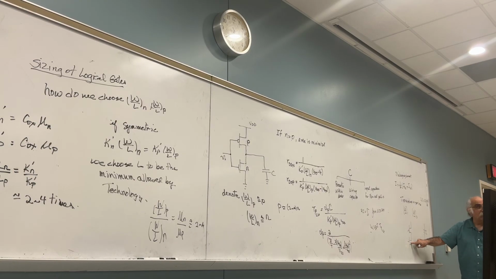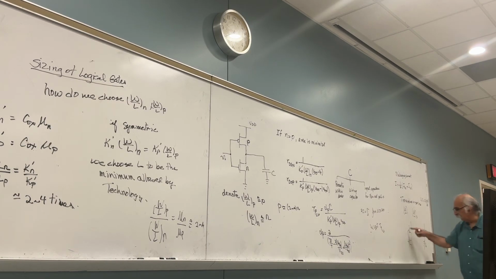Both of them are on. Why? This is the worst case scenario, because if both of them are on, the total resistance will go up. Which means the discharging will take longer.